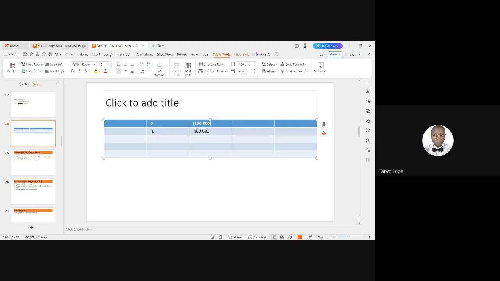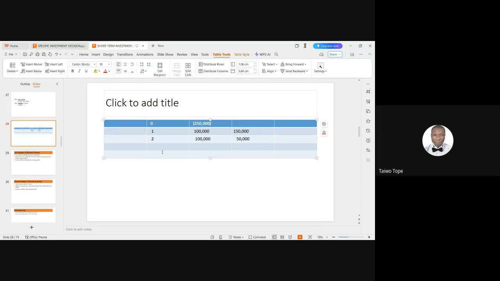How much do you have left to recover? 150. In year two, you have an inflow of what? 100. How much do you have left to recover? 50. This 50 will be recovered within how many months or years?